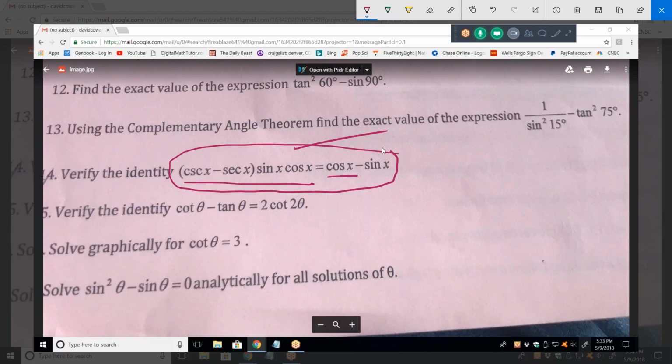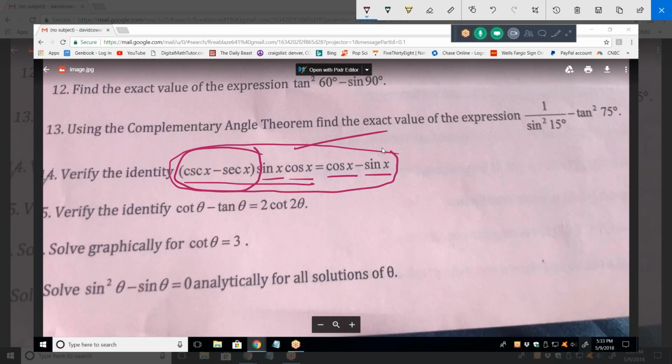Well, I see a cosine, a sine, a sine, a cosine. These are cosecant and secant. Let's start by turning everything into sines and cosines. That's generally not a bad strategy when you're trying to verify identities. If you can turn them into sines and cosines, that'll almost always work.